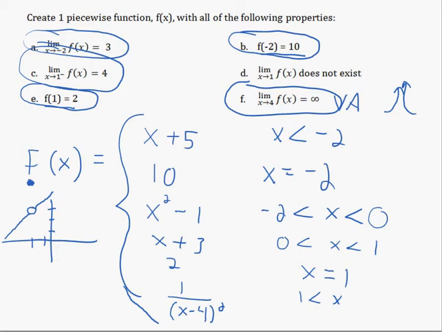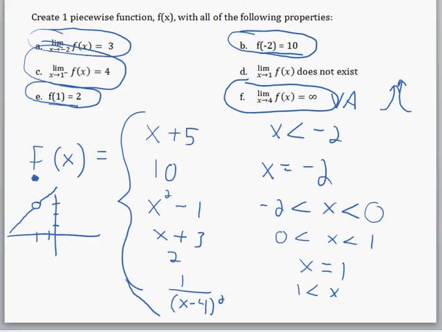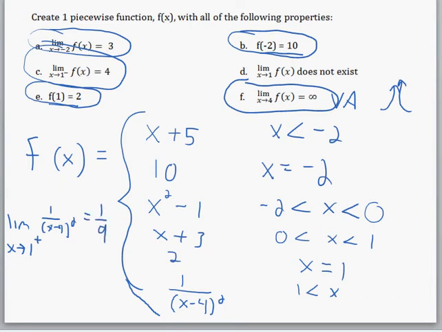So basically, what I did with this thing is I made it so that the limit as x goes to 1 from above, which is on this function here, is 1/9. And that does not equal 4, which is what the limit from the left-hand side equals, which means it's going to different places from the left and the right.